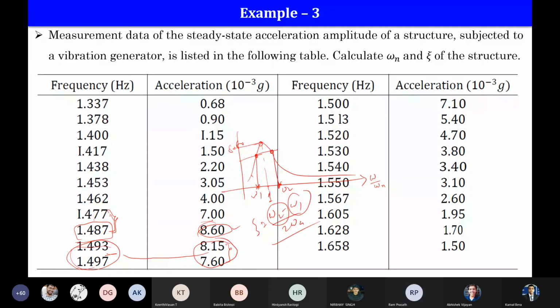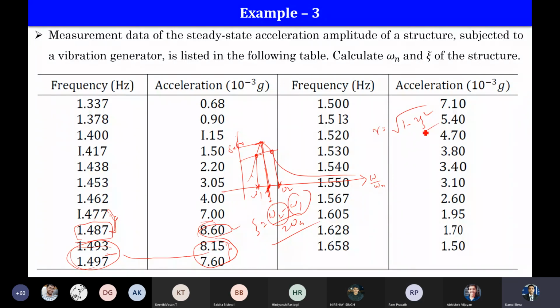No, omega n we know. I just told you, omega n is the resonant condition, right? Where the peak is, that point is omega n. Nothing to do. Understood? The peak will occur at the resonant condition. For small damping, it is actually r equal to root of 1 minus 2 zeta squared or something, I forget, maybe something like that.